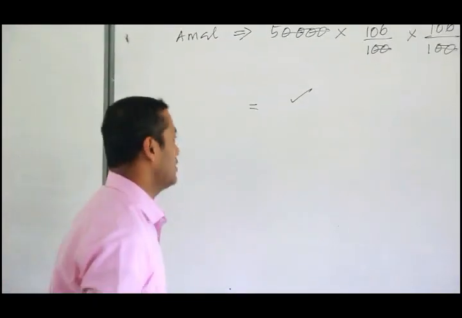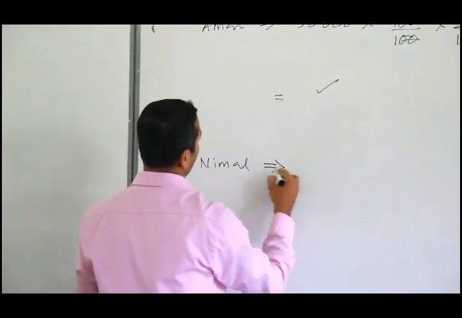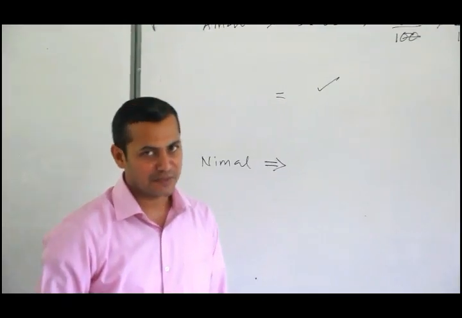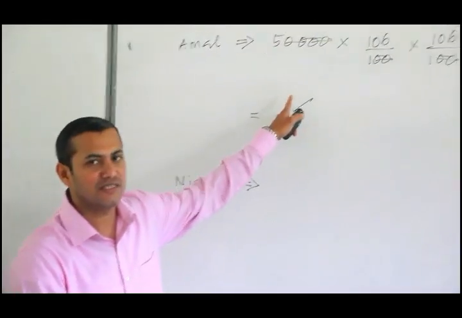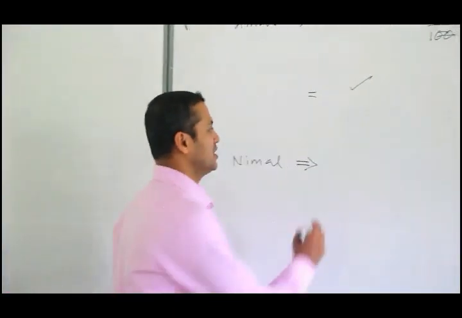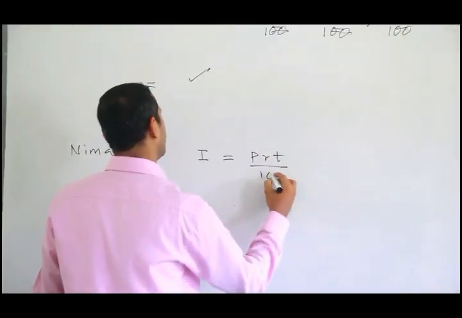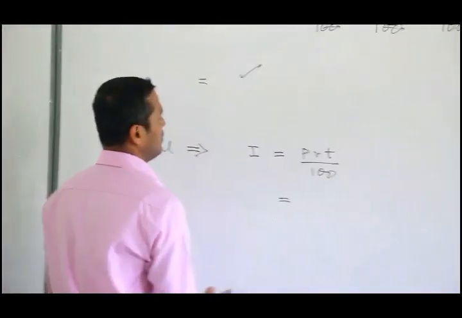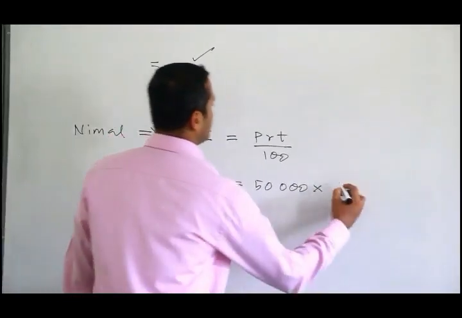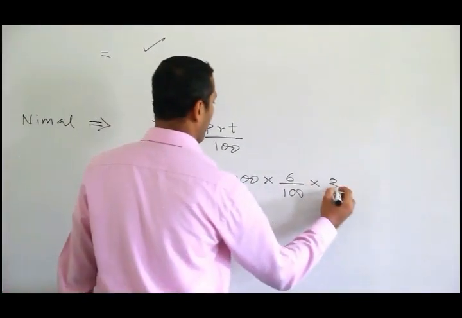Then for Nimal, same amount, but it is under simple interest basis. This is under compound interest basis. For him, we should calculate under simple interest. Let's calculate the interest first. You know, in grade 9 we studied this, right? What is the principal amount? 50,000. Rate 6%. Time for how many years? 3 years.